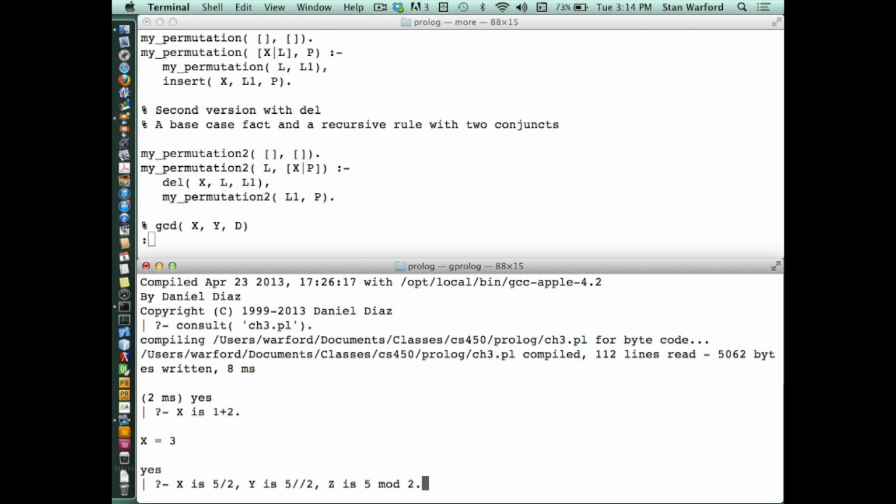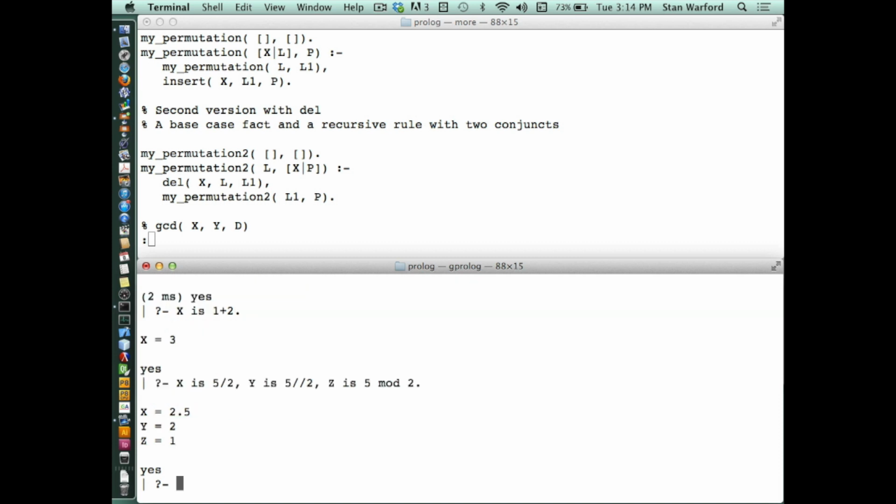Which one was the integer division? So what do you suppose 5 divided by 2 is going to be? Oh, yeah, in Scheme it was a fraction, wasn't it? But here it's not. We don't have those nice fractions like we had in Scheme. Is everybody good? And 5 mod 2 is the remainder when you take 5 divided by 2. That's what Z is. Is everybody good with this?